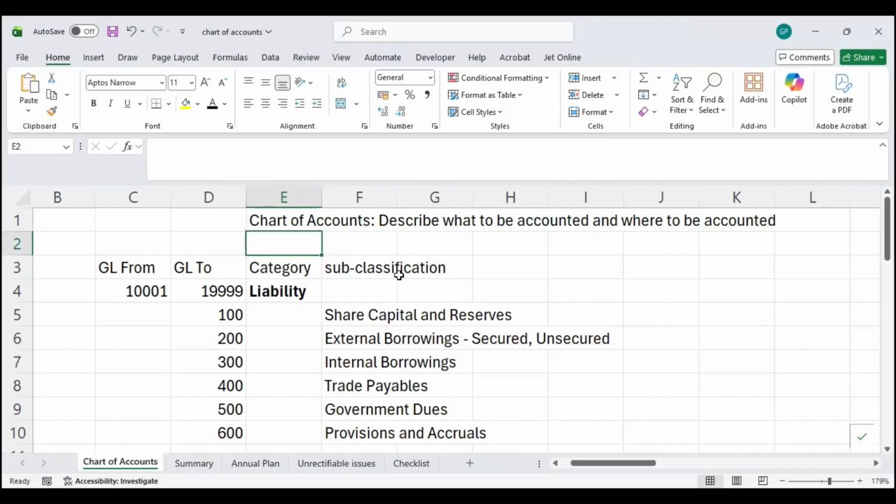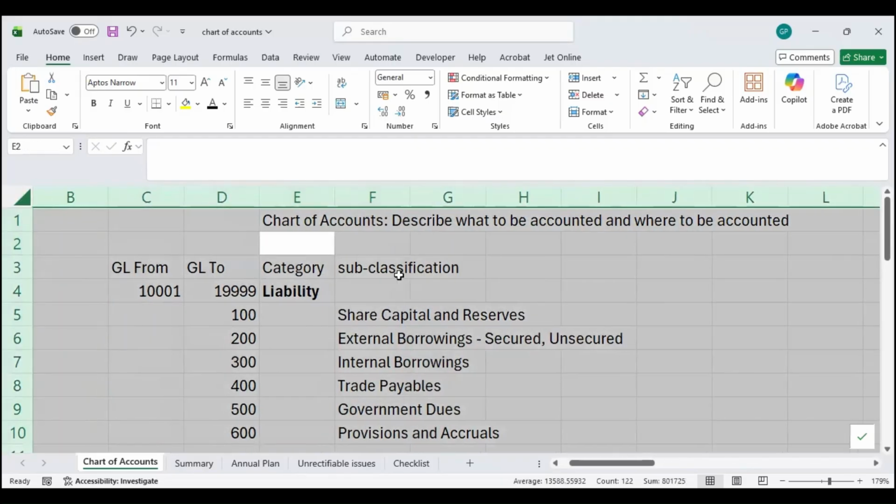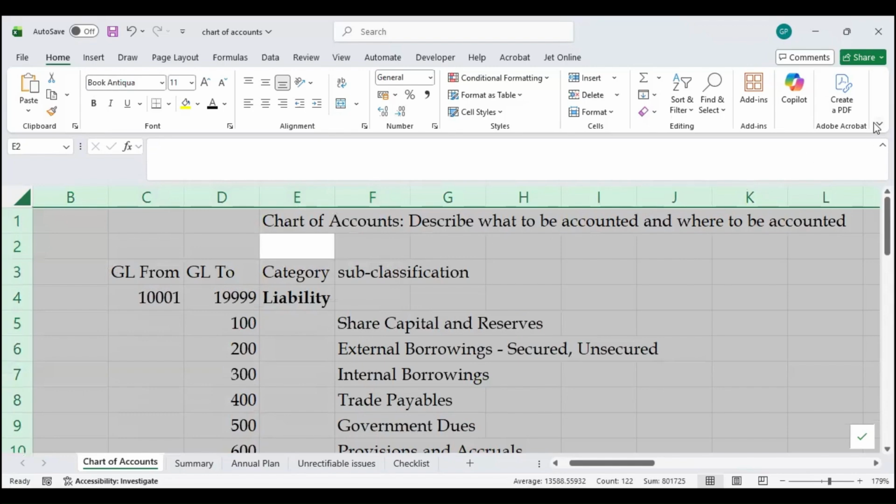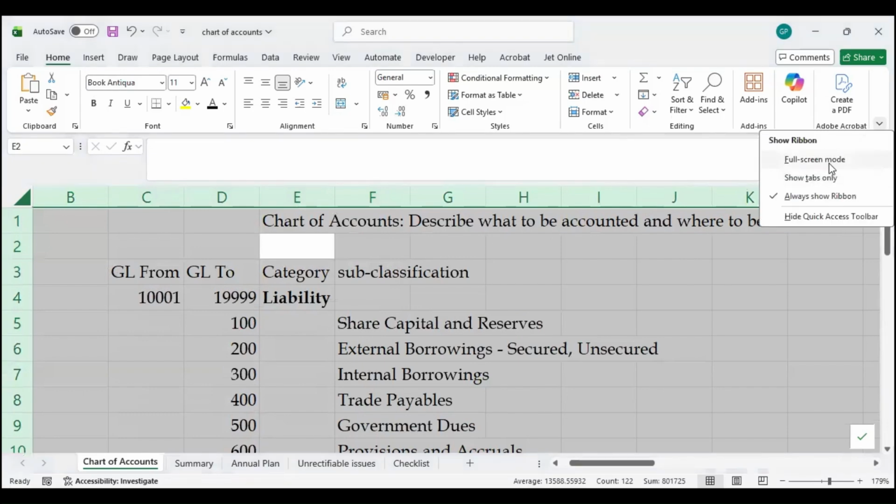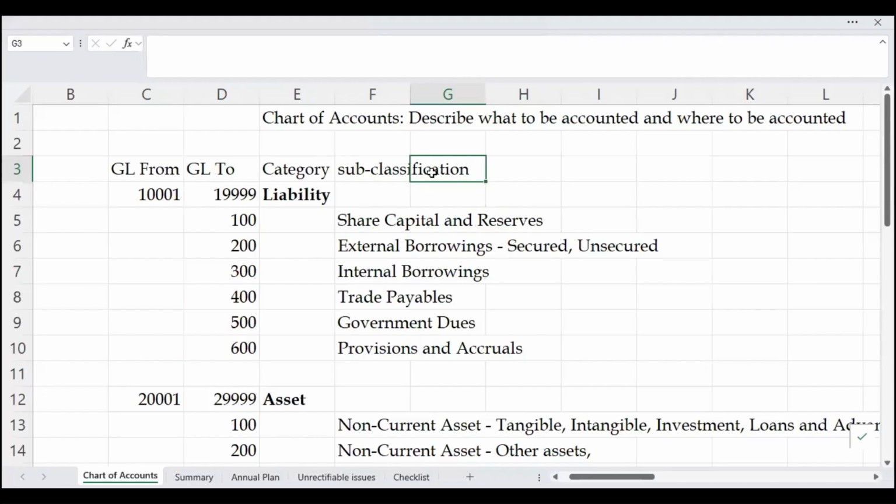Rent, if it is in advance for a future period, then I account in my balance sheet. So this is where my chart of accounts comes in to explain what needs to be done.